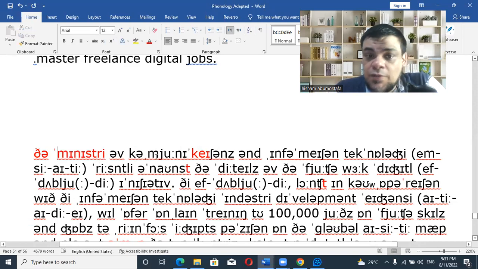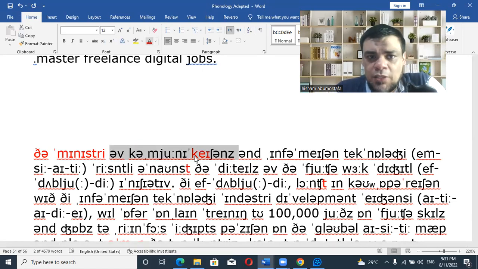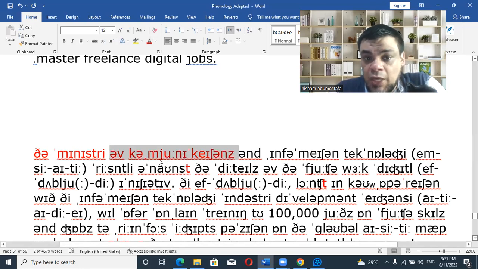Of communications. Why do you pronounce it so quickly? Yes, because this is one rhythmic unit. Of communications. How many syllables are there in this rhythmic unit? 1, 2, 3, 4, 5, 6 syllables.